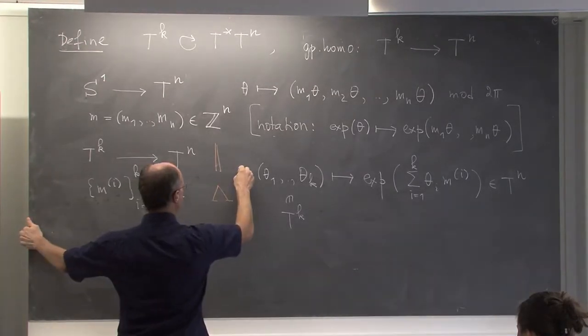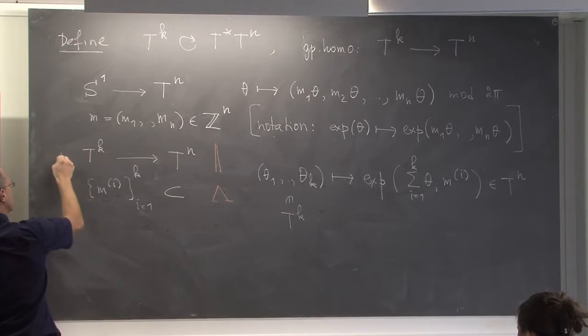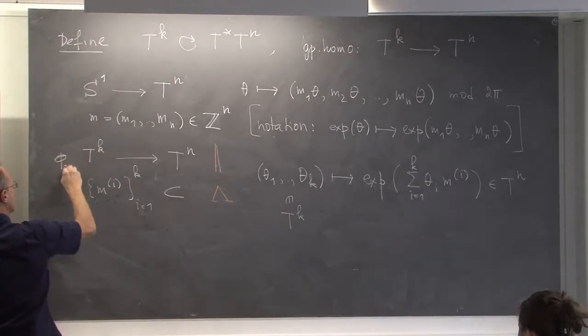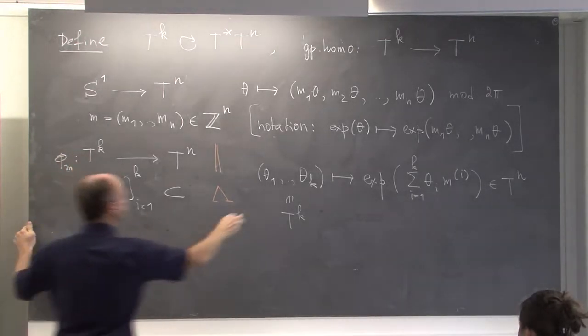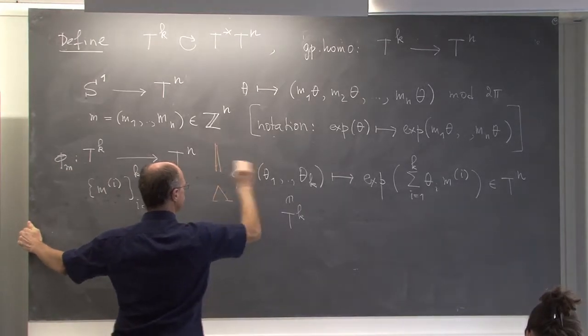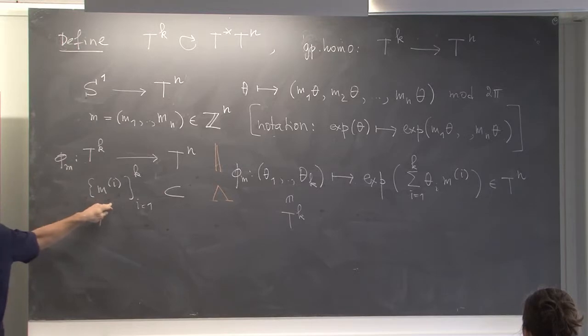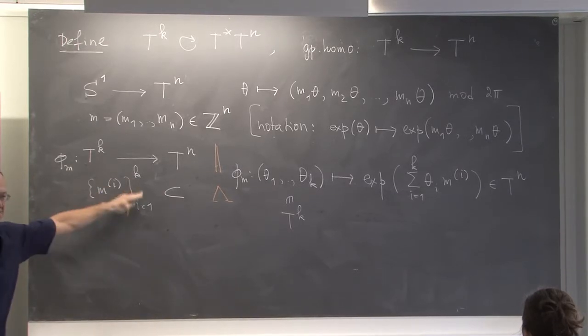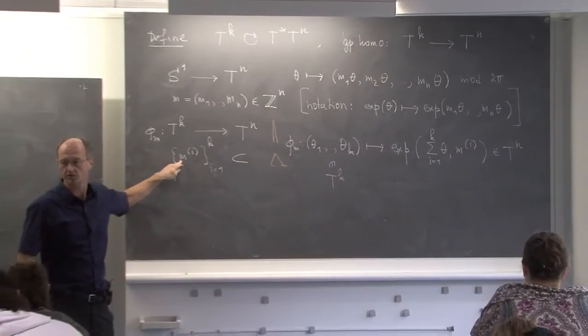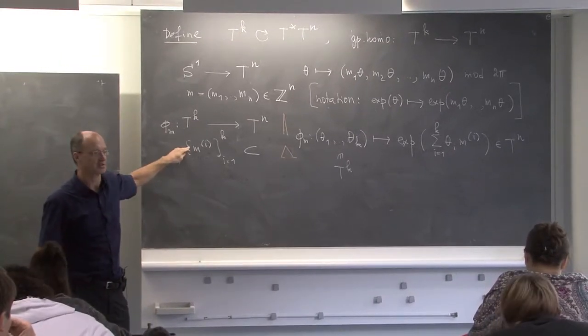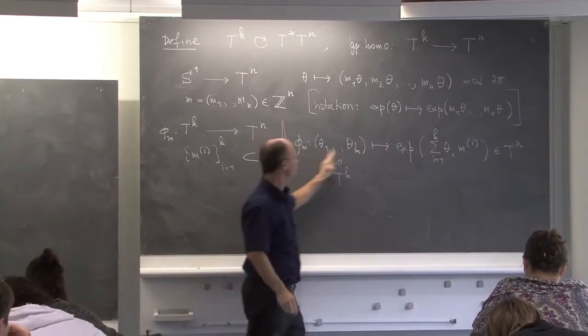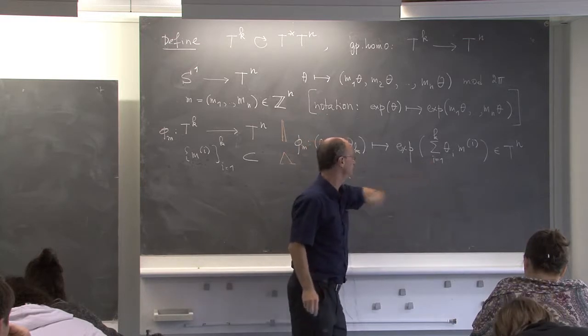So let me denote this map by phi m. Right, so this phi m depends on this set of integral vectors. So phi m mapping Tk to Tn.